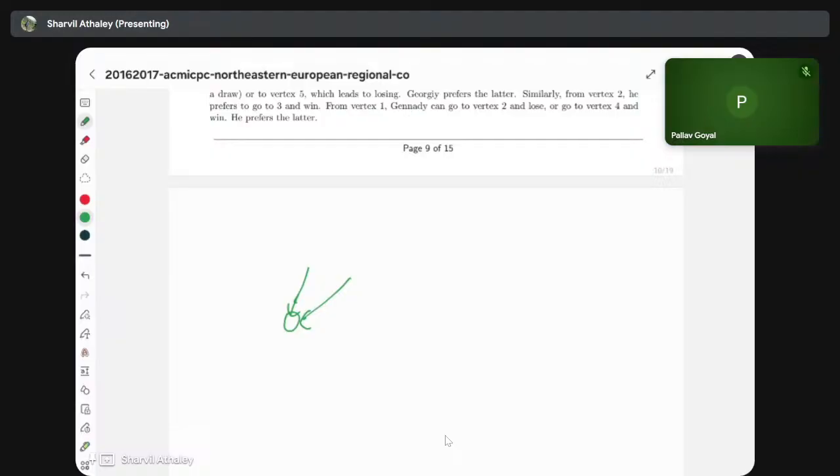So let us define A_i, where A is player A and i is the ith node.